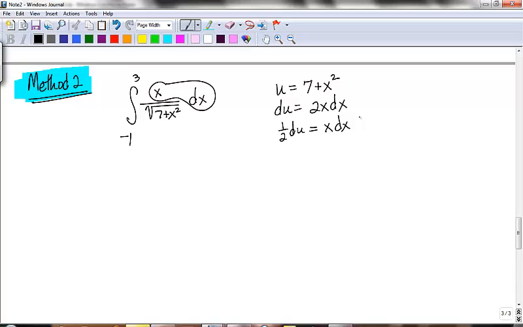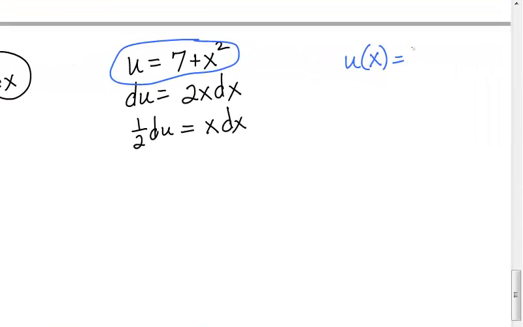And now here's the difference on method 2. You take this original and write it as a function, as you would write a function. Like if I said y, instead of y, I would write f of x. So I'm going to write this as u of x is 7 plus x squared. And now sub in your numbers.